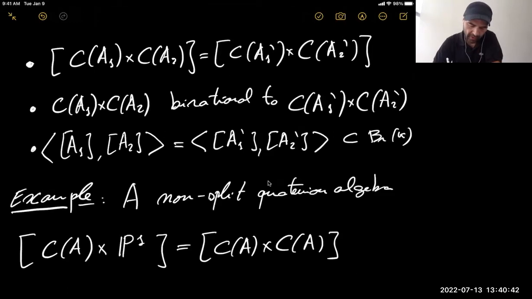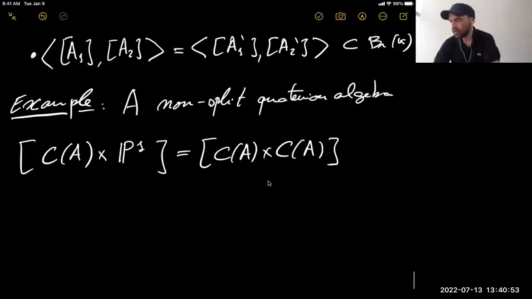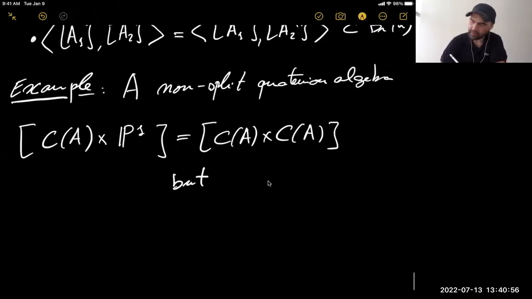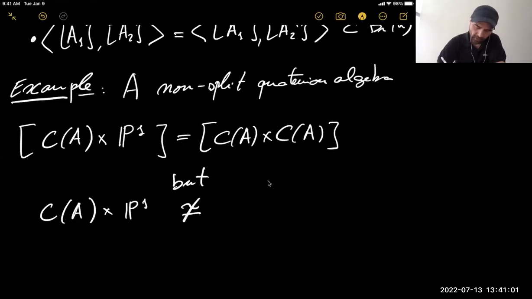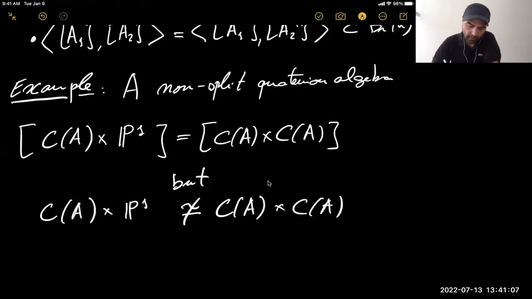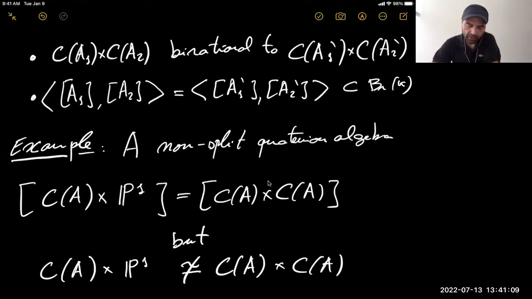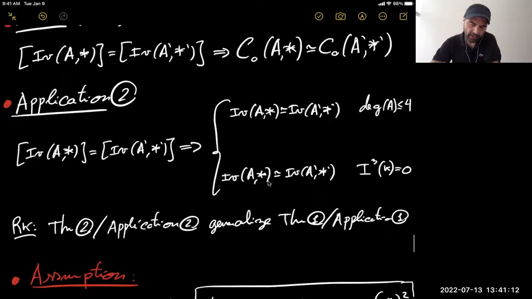You see that these Brouwer classes generate the same subgroup. It's actually the subgroup generated by A. So they have the same Grothendieck class, but nevertheless, these two products are not isomorphic to each other. So this way we have a complete picture of what is going on. The equality of the Grothendieck classes corresponds to isomorphism, except in this particular case where it corresponds to birationality.